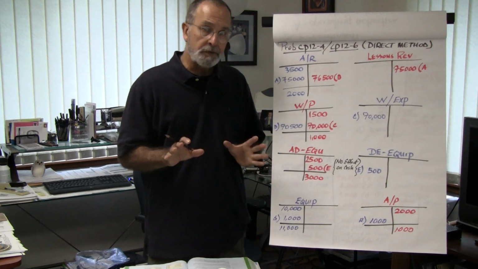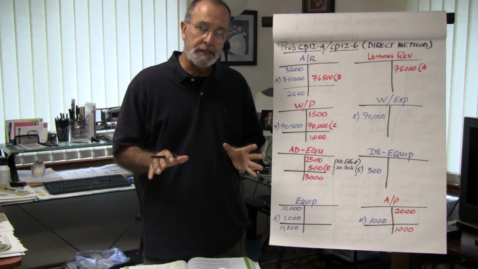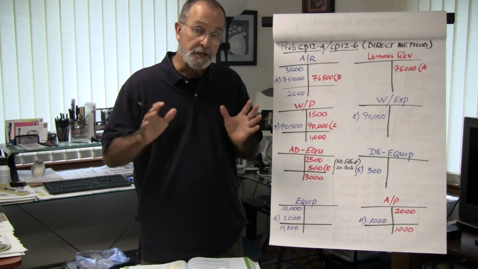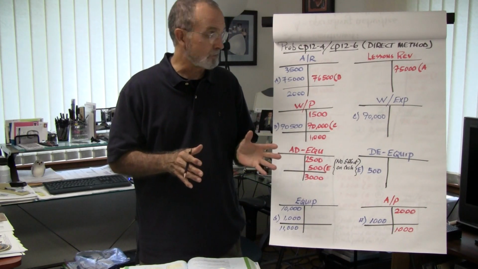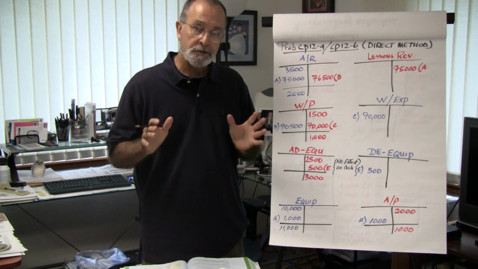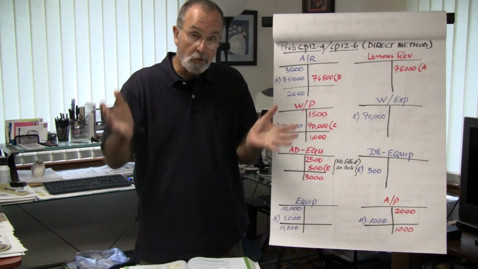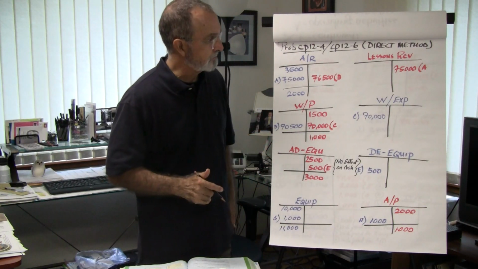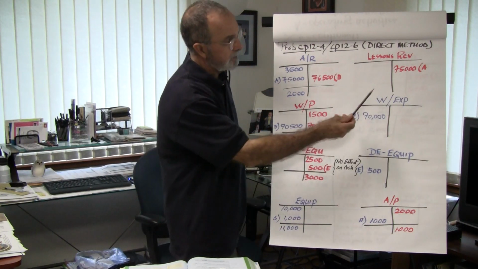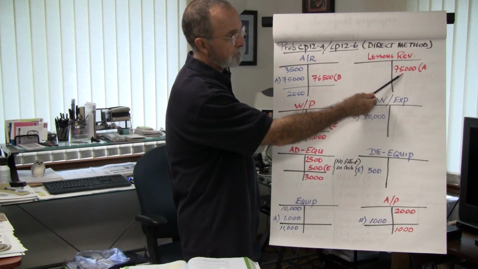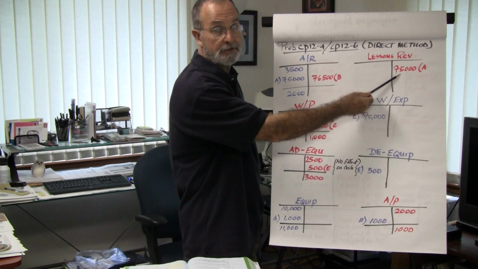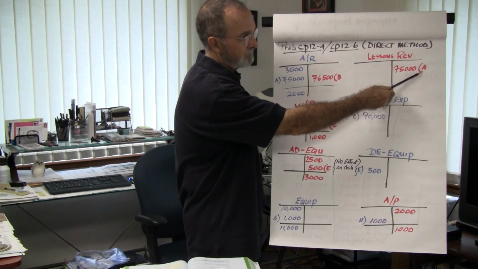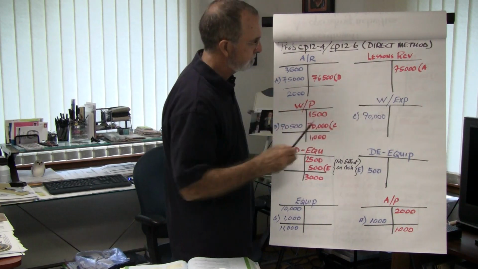And so what we're doing here is recreating transactions that occurred in total for the year using T accounts. And so our lessons revenue would show up as a credit in the lessons revenue account. So we credit lessons revenue 75,000 and we list that as item A.